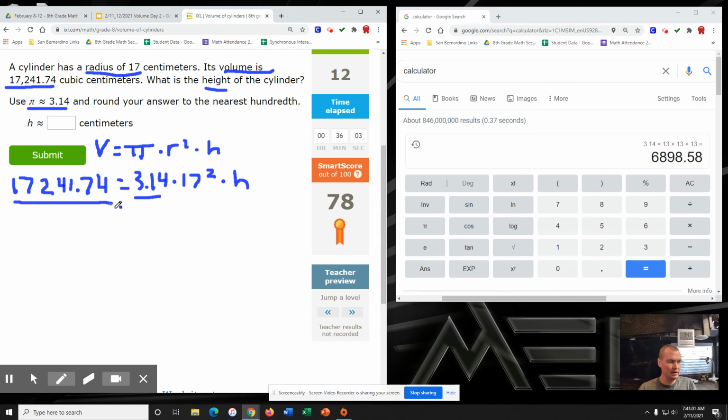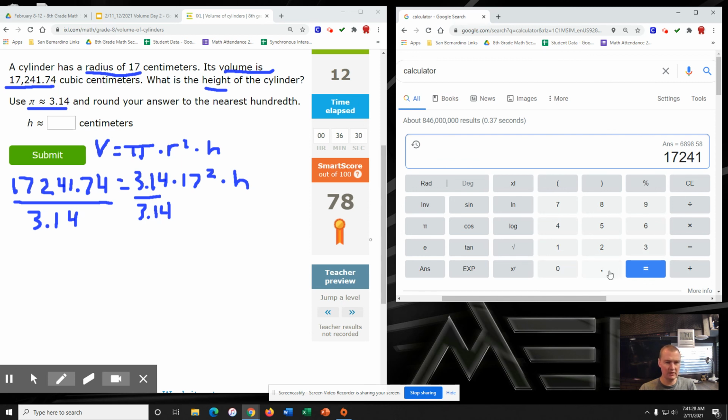Let's get rid of pi, and we're going to hope that eliminates the decimal. It usually does. So 17,241.74. Divide 3.14 on both sides. So we're going to divide 3.14 with the goal of getting rid of pi on the right side. All right, 17,241.74, I'm double checking, make sure.